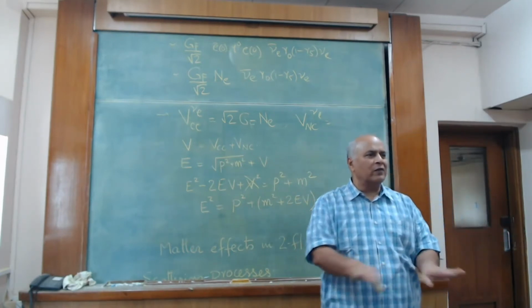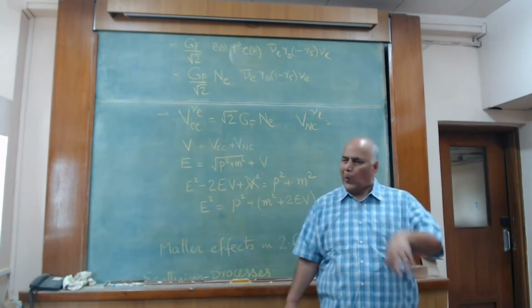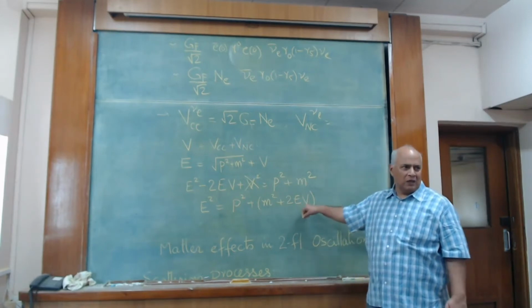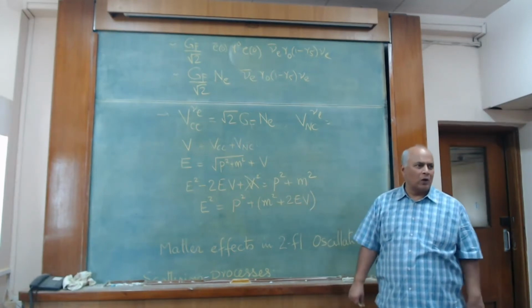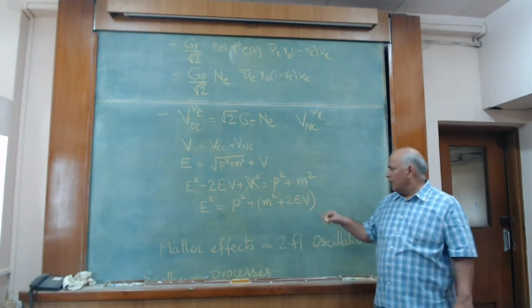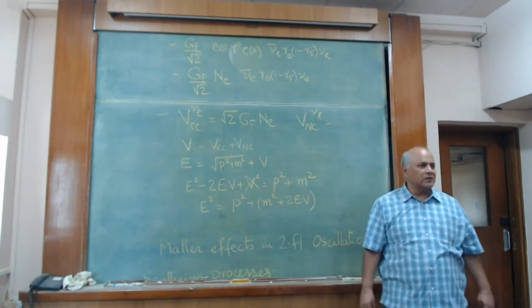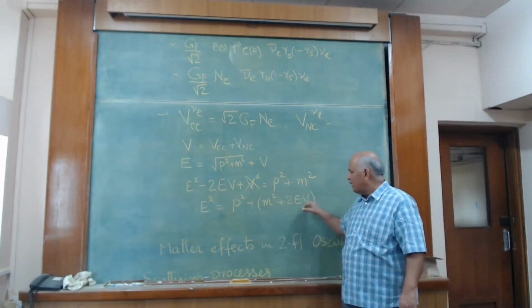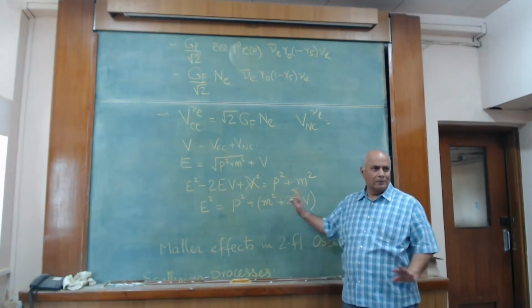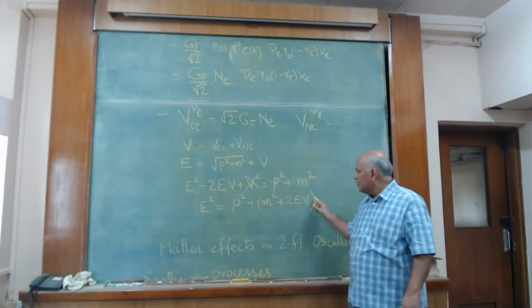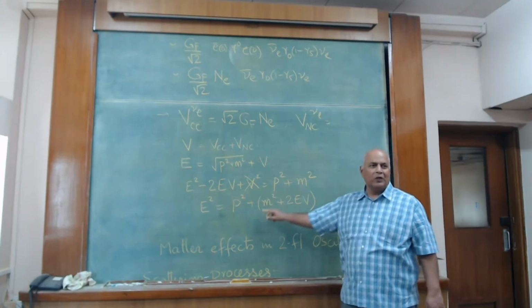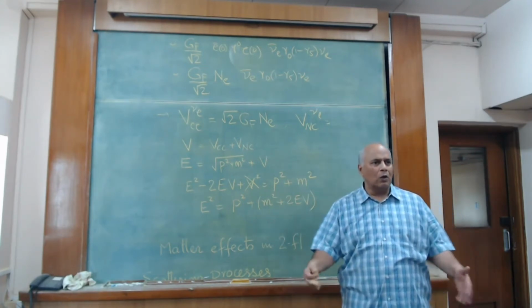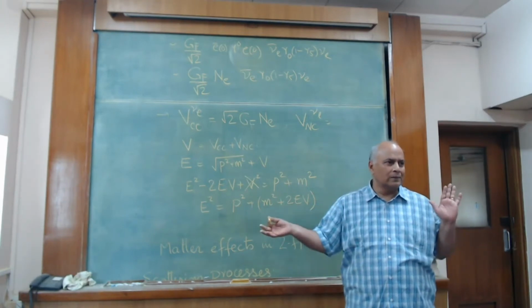If we ignore that difference, there are no oscillations. So I'm now saying that this V, which is also small, is also going to cause differences, and I'm going to combine it with M squared, and it is the net effect of M squared and 2EV which is going to cause oscillations.